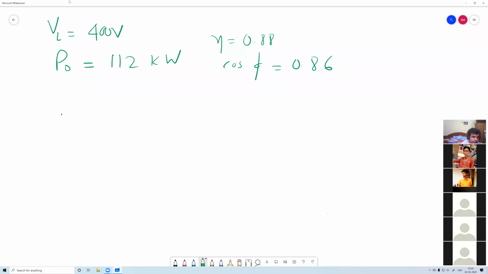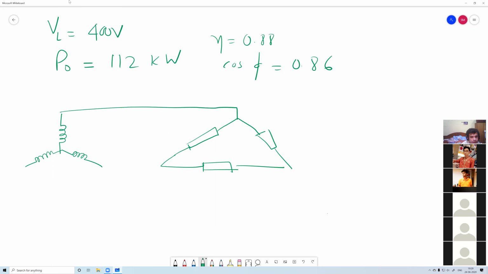So my source is star connected, but my load is delta connected. That's an interesting situation. So this is V_L.